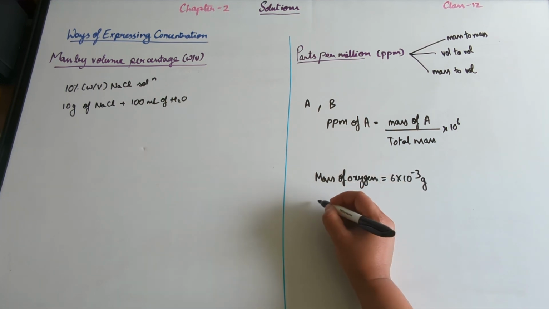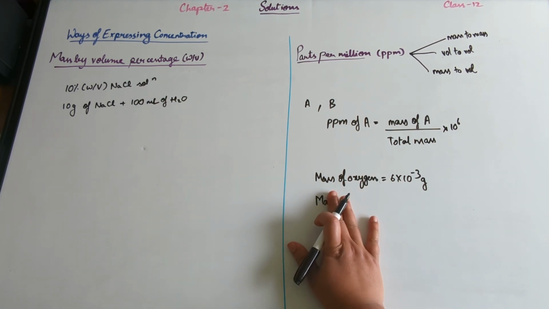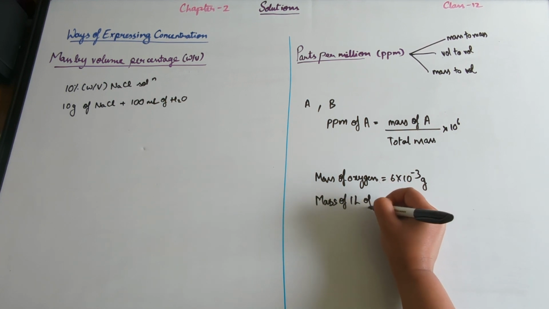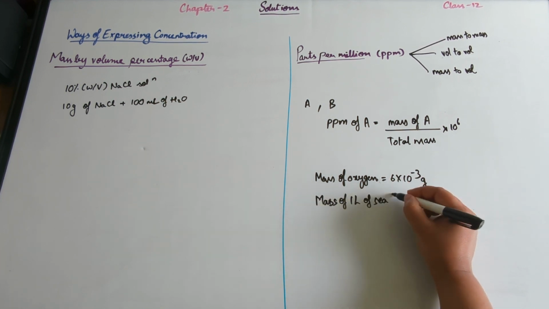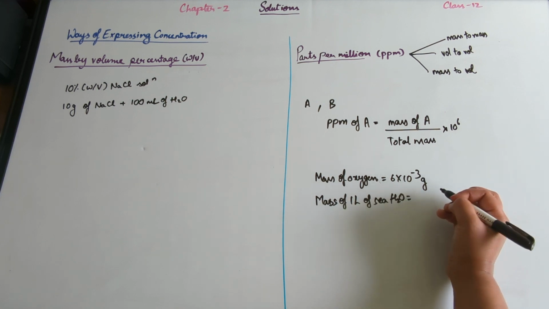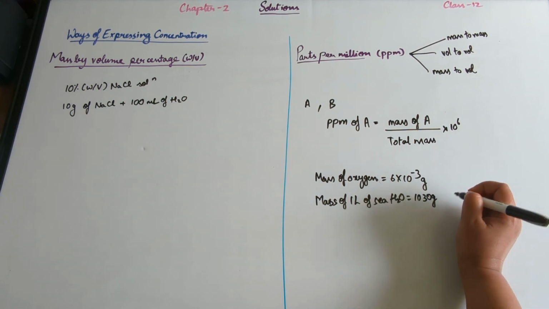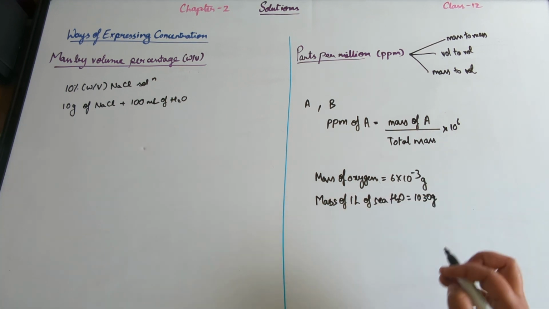Okay, the next one is mass. So the mass of 1 liter of seawater equals 1030 grams.